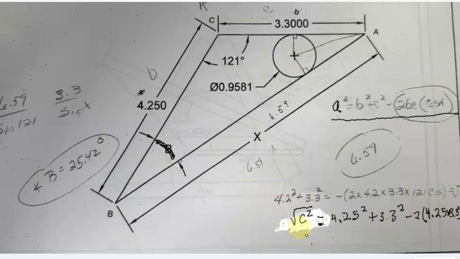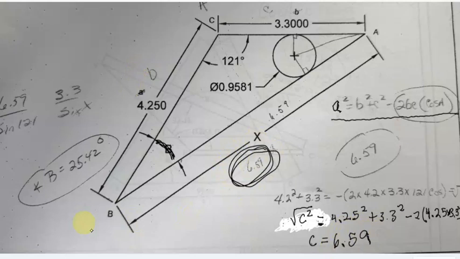Whatever your answer is, you have to take the square root because we're just looking for C. Once we take the square root, we have C is equal to 6.59. So now we found this side right there, 6.59. Maybe I will write it now.